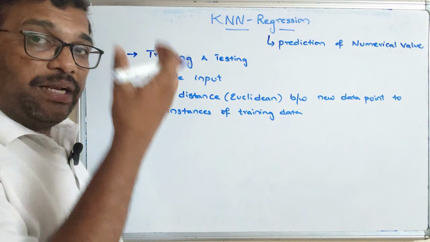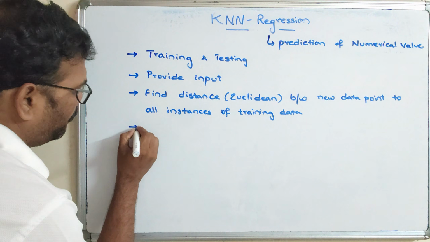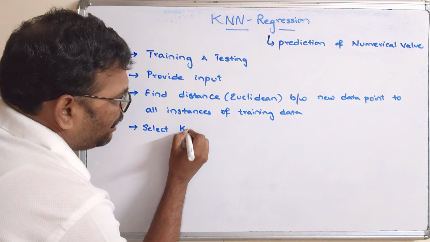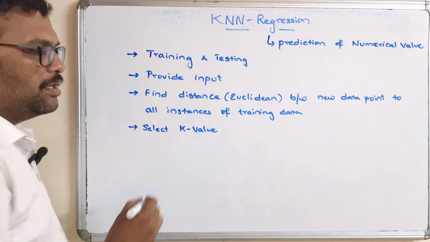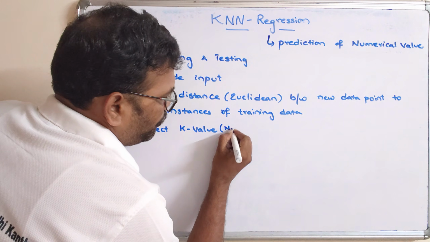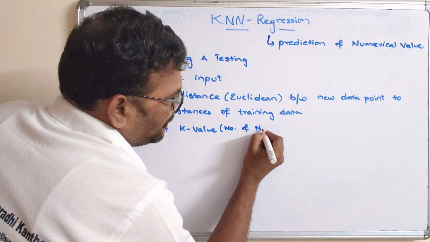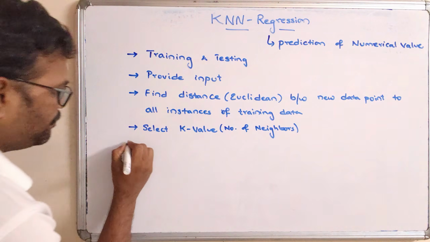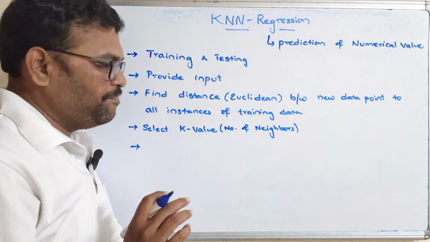So we have to find the complete distances. Then select the k value. What is the k value? It is the number of neighbors we need to select.